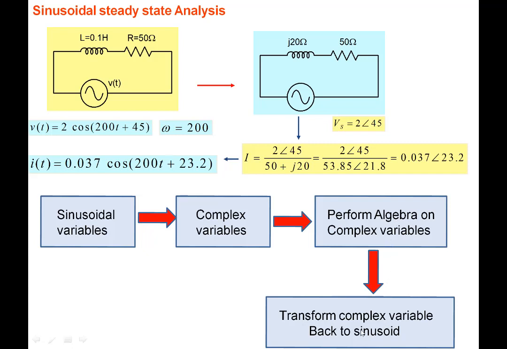So this is the general picture: we all know analysis in one domain may be a little difficult, so you convert it into another domain, Laplace transform, Fourier transform, all of that, and it becomes easier. You do processing in that domain and then you convert it back.